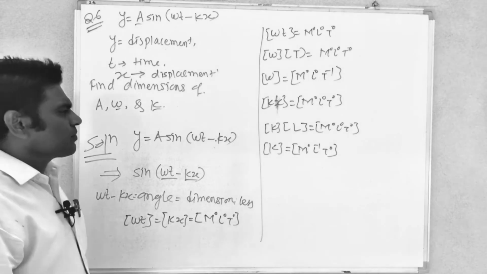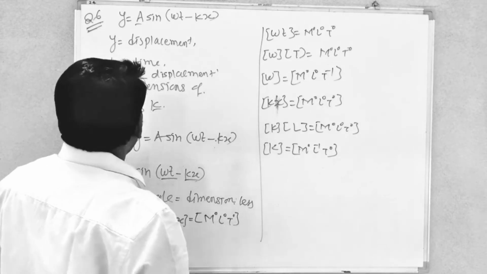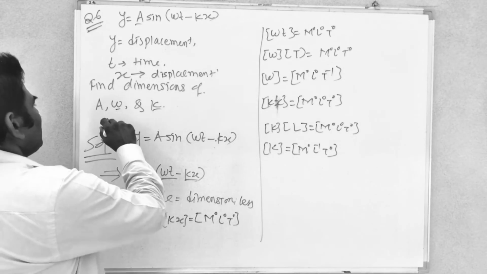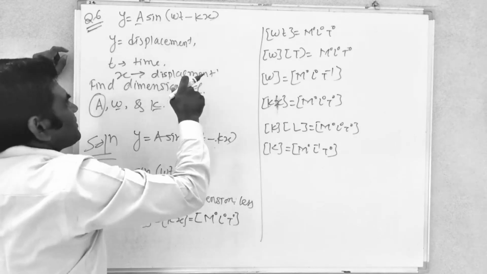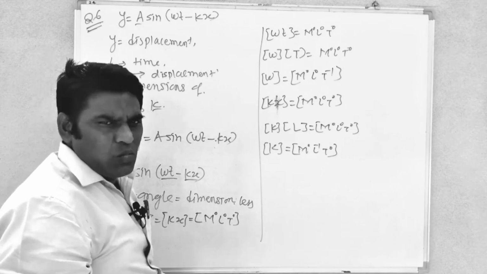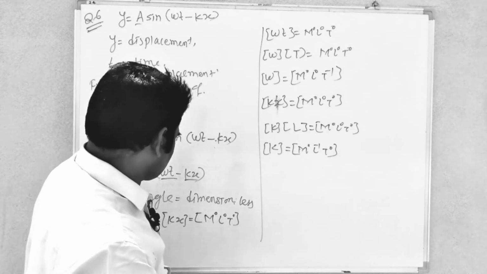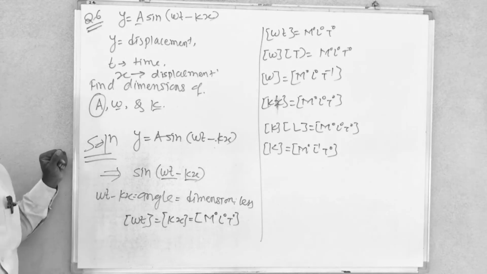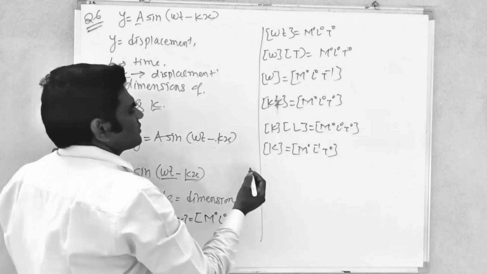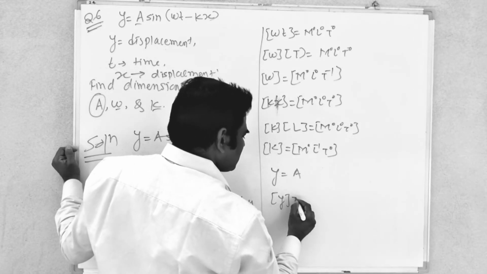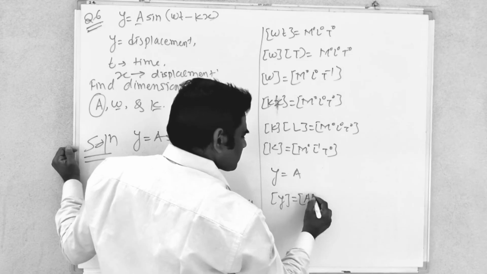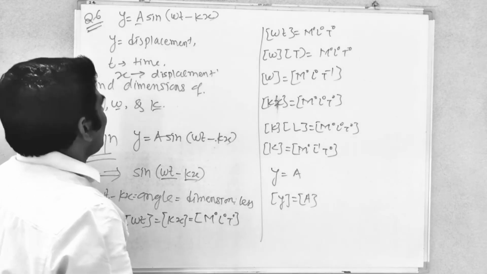Now, what is remaining? A. This complete term, sin theta, is also just a value, meaning it is also dimensionless. So y is equal to A times a dimensionless quantity. So the dimension of y is equal to the dimension of A. What is y?